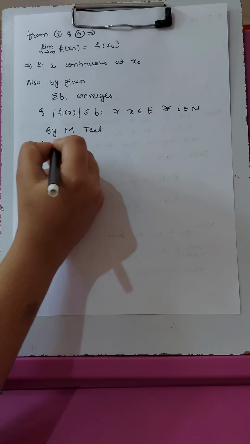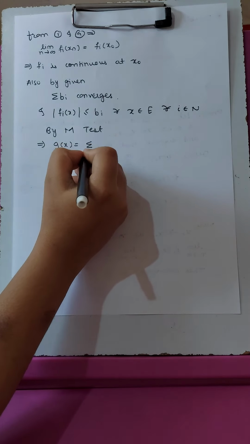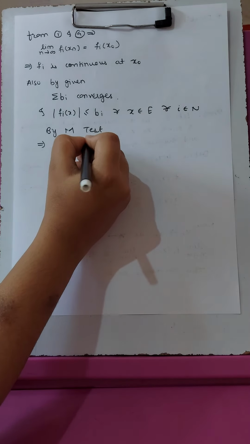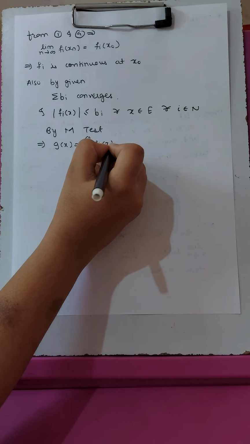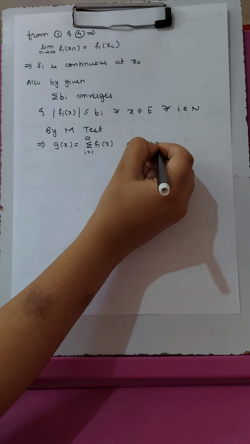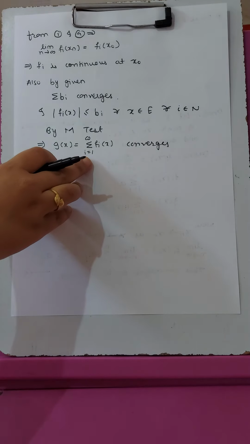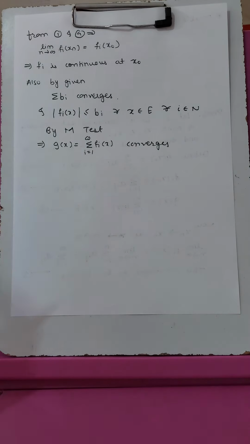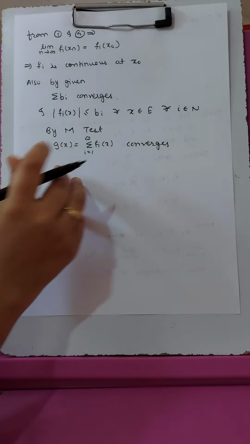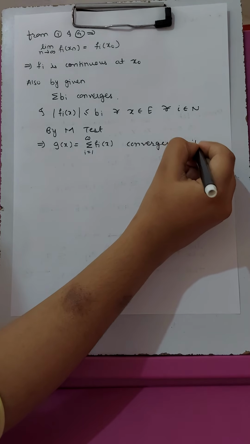So by M test, g of x equals to summation i from 1 to infinity fi of x converges uniformly. We have defined g of x in equation 3. So this converges uniformly on set E.